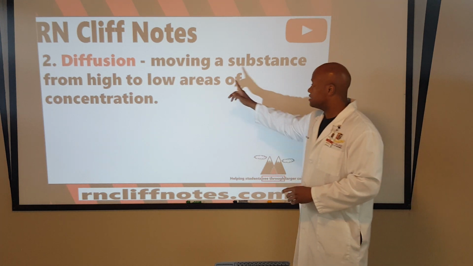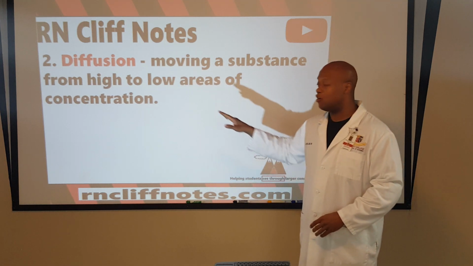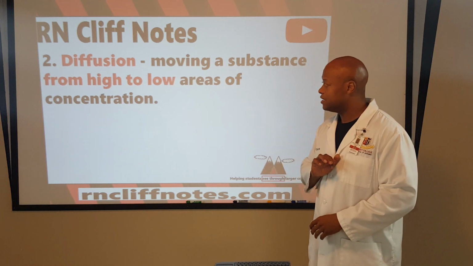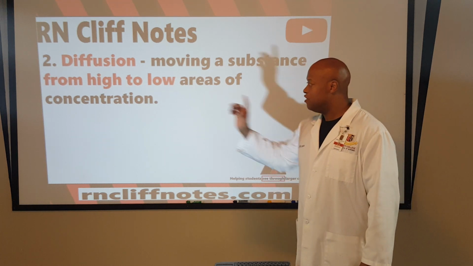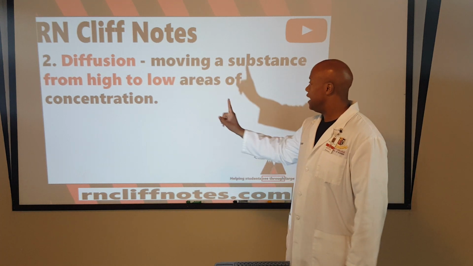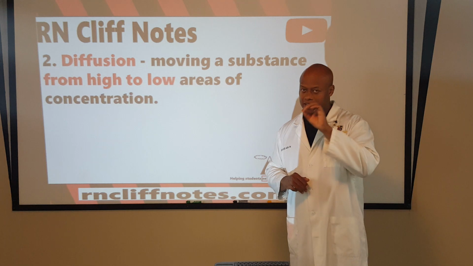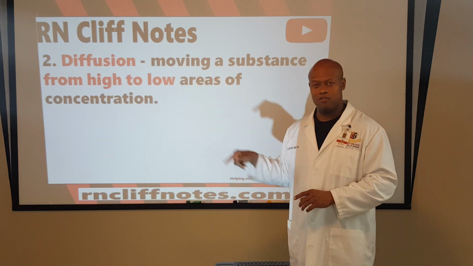But now, this substance is moving from high to low areas of concentration. I want to emphasize that, because that shows up on tests a lot, right? Diffusion from high to low, and it's a what? Substance. Okay. But let's make it plain. So we said high to low, right?